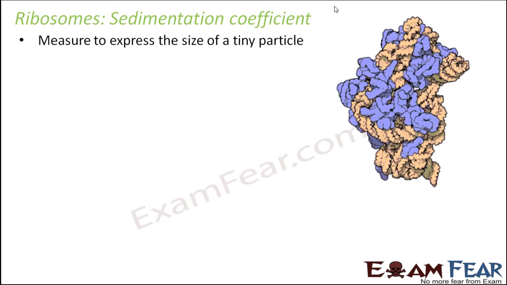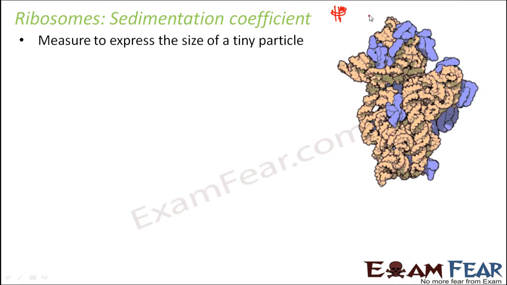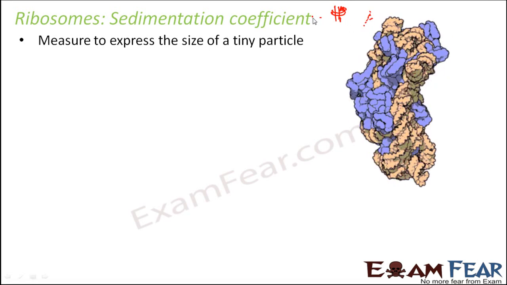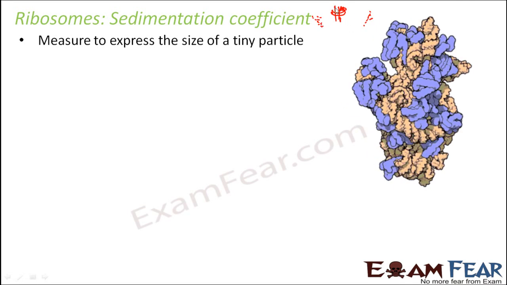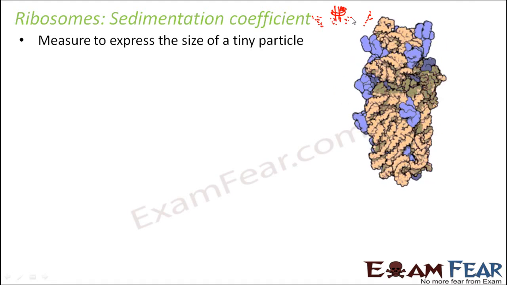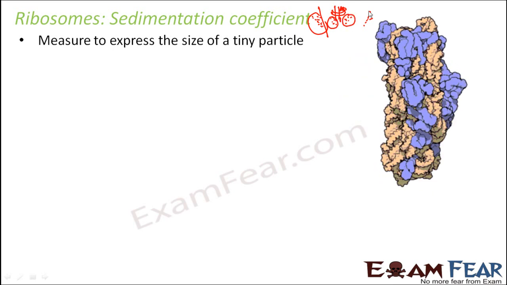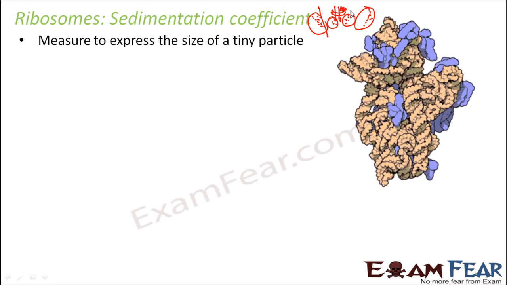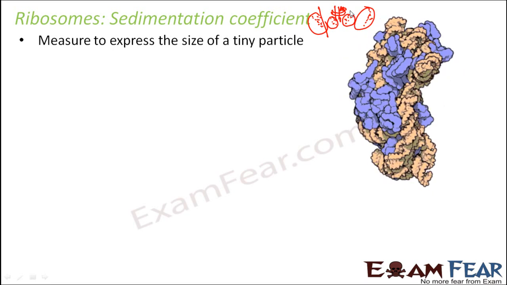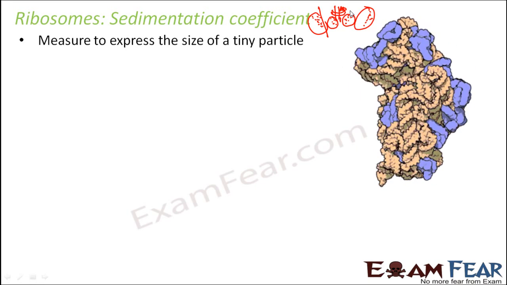When it is rotating at a very high speed, those which are more dense get collected quite far, whereas those which are less dense get collected nearby. That is how you can separate the two particles in the mixture. So that is the process of centrifugation. It makes use of the centrifugal force to separate components of a heterogeneous mixture.